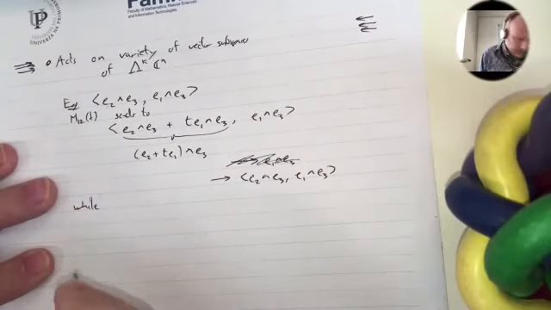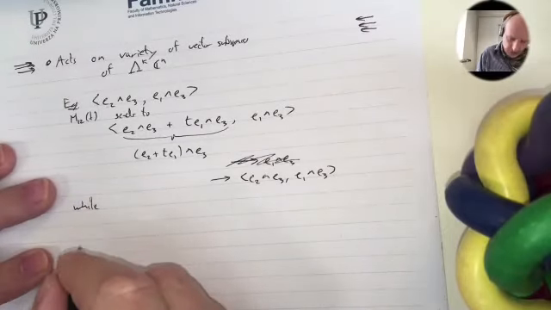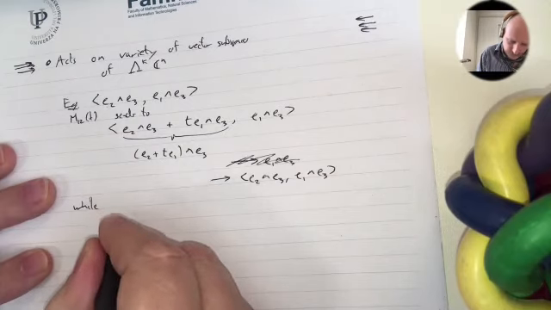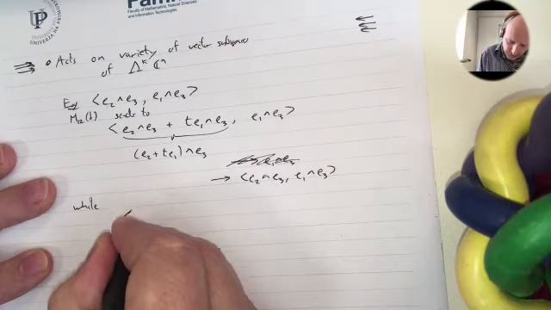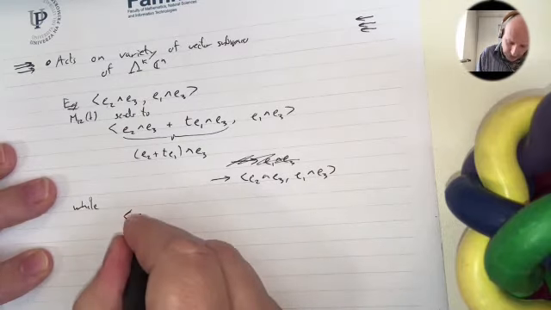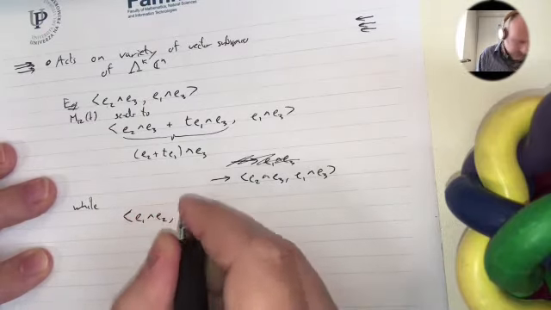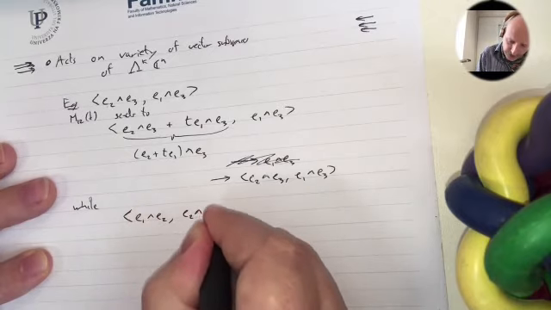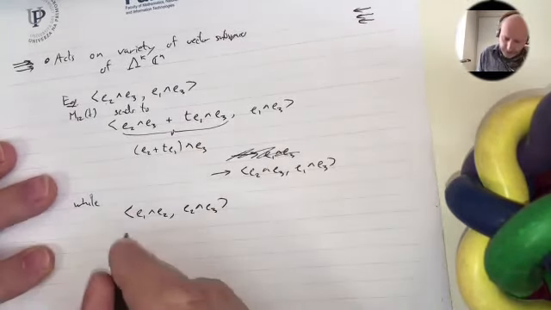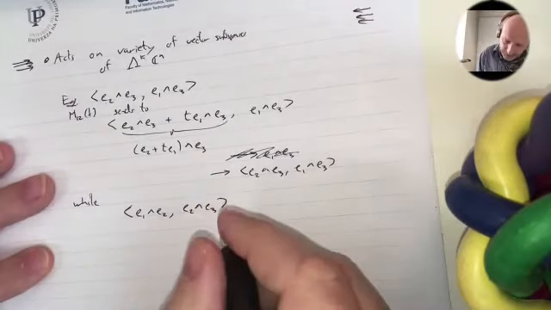Now, if I do this on E1 wedge E2 and E2 wedge E3, then something similar happens.